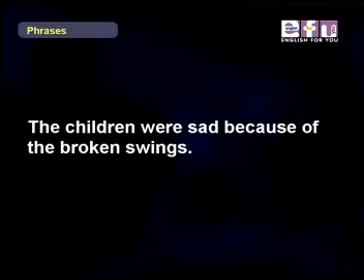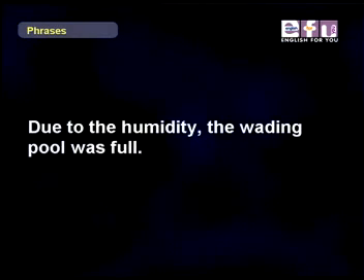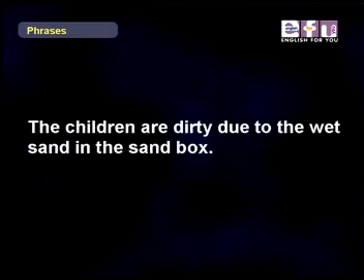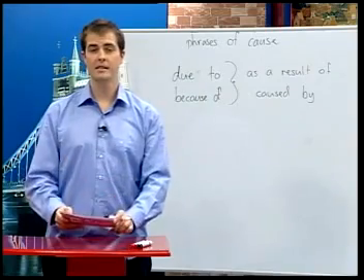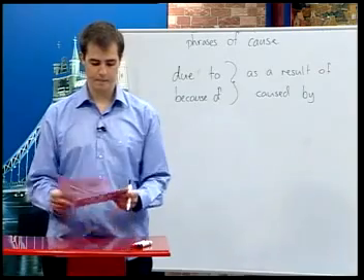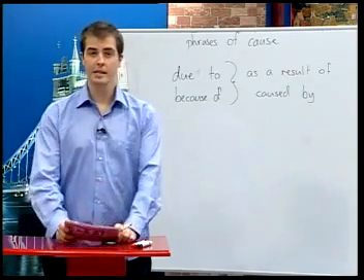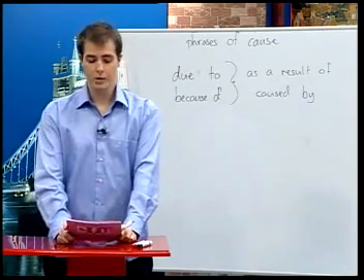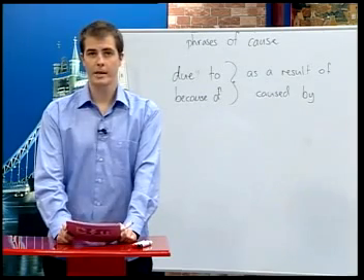In the second sentence, the children were sad because the swings were broken. In the third sentence, the humidity caused the wading pool to be full. In the fourth sentence, the children are dirty as a result of the wet sand. In these sentences, the prepositions are followed by phrases. When a phrase begins a sentence, a comma is usually used after the phrase.